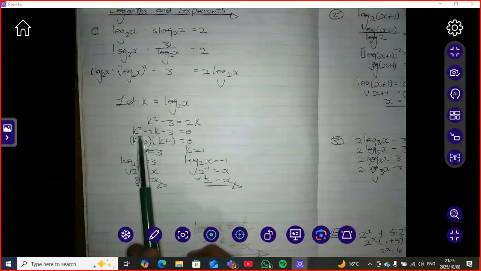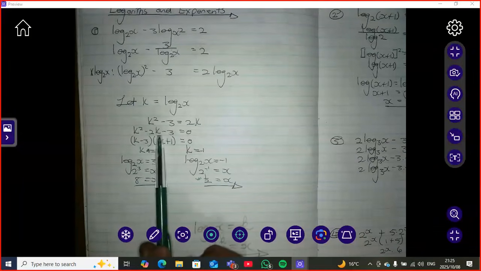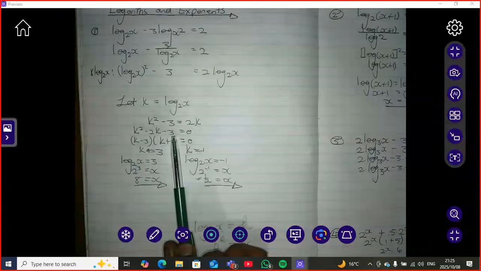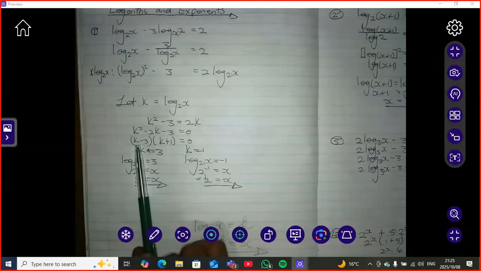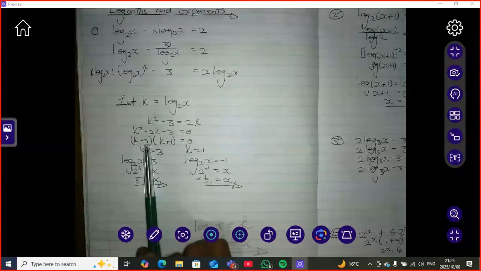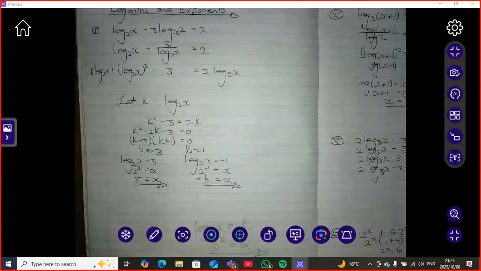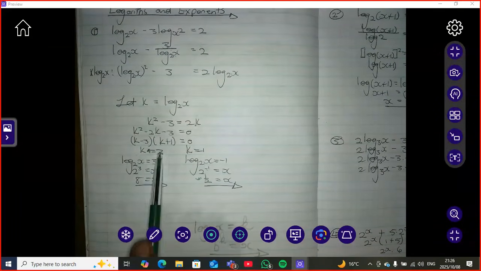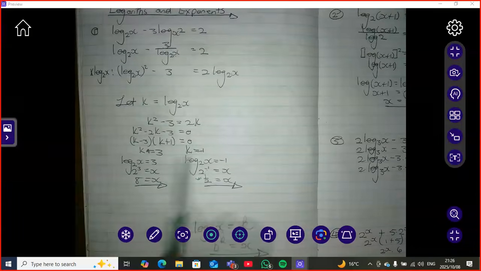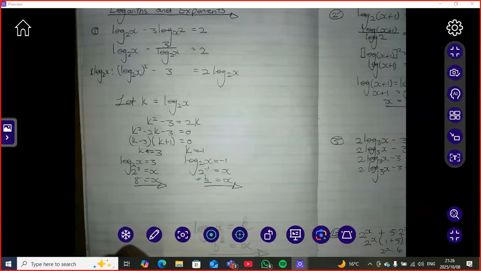Instead of writing log 2x squared minus 2 log 2x minus 3, then I must in brackets say log 2x minus 3, brackets log 2x plus 1, brackets. Then log 2x equal to 3, log 2x equal to negative 1. It's a lot. The K method is just there to make your life simple.